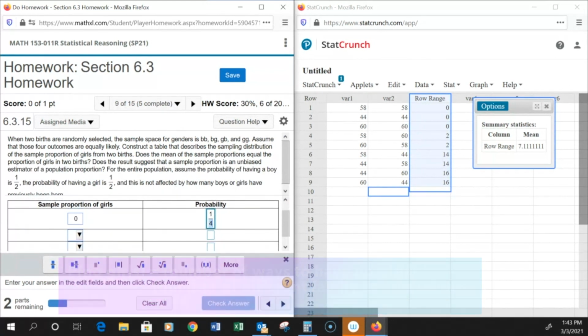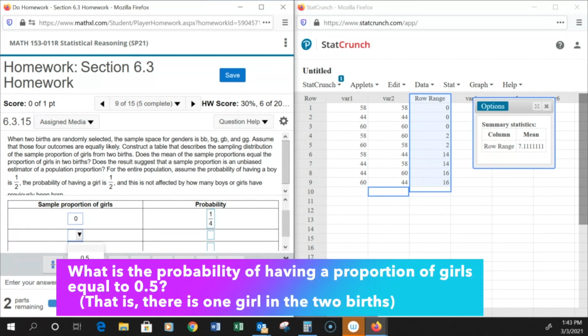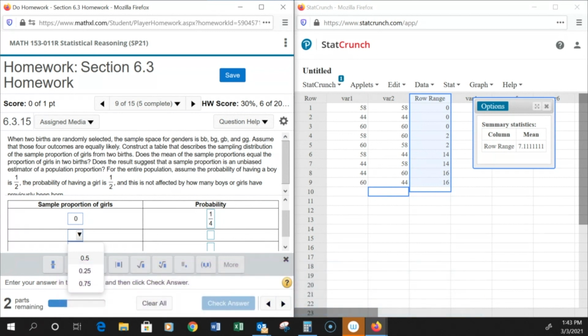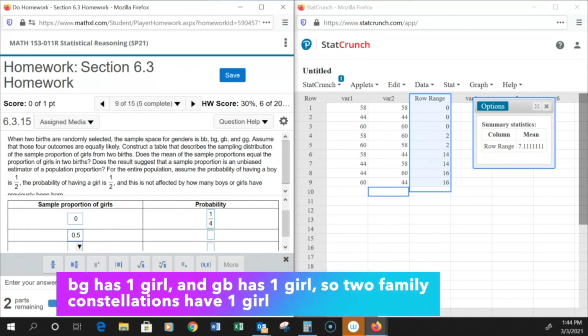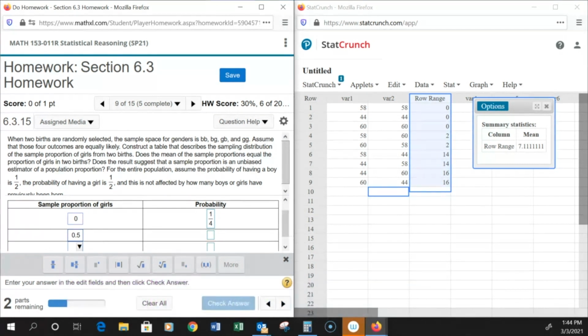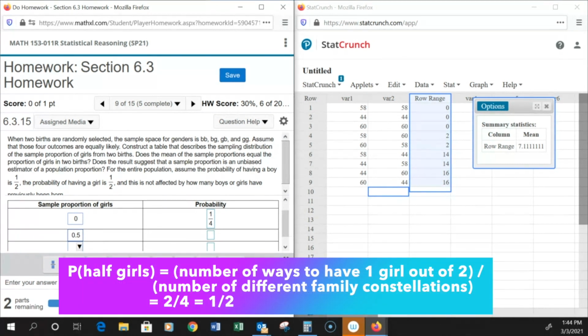And sometimes, well, here BG, you get 1 girl. And how often do you get half of your babies being girls? 1 out of 2. Well, there's 1 with 1 girl, and there's 1 with 1 girl. That's 2 family constellations with 1 girl out of a total of 4 family constellations.